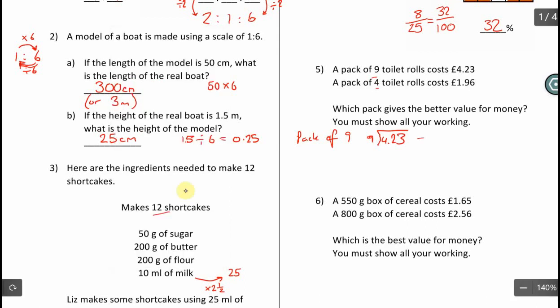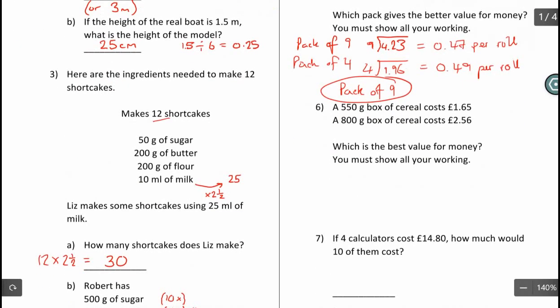So that's 47p. And in the pack of 4, we need to divide by 4. And that will give 49p. So you'd rather pay 47p per roll, so the pack of 9 is better value.